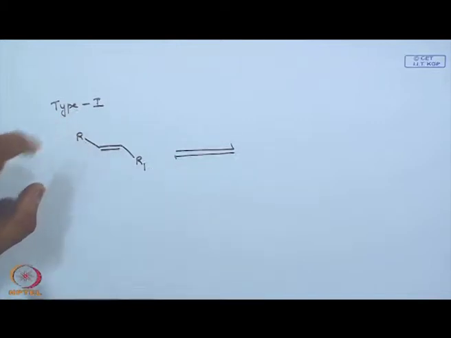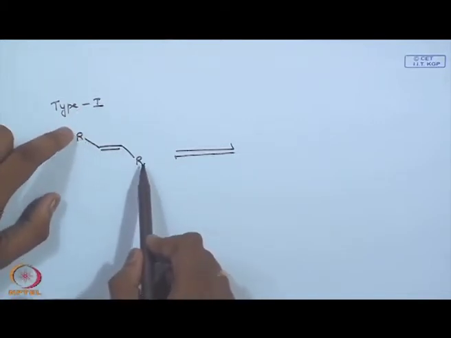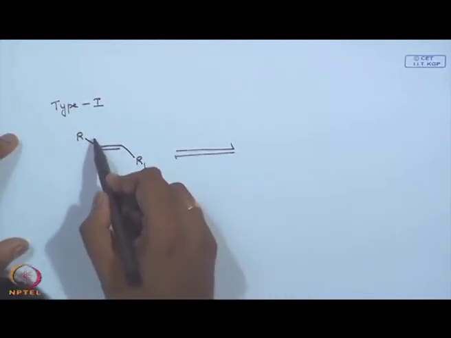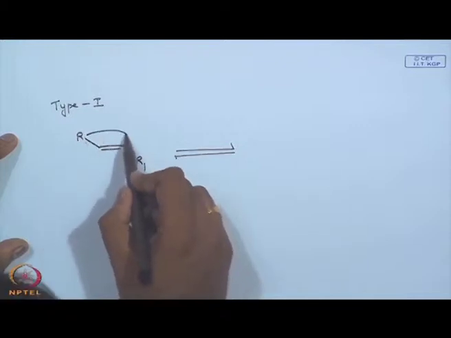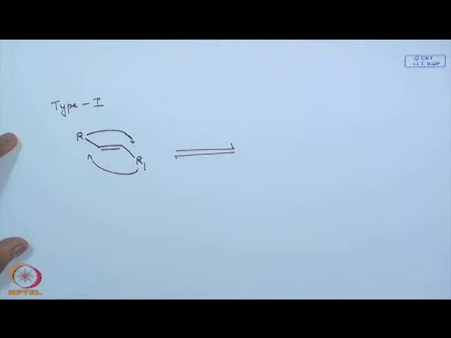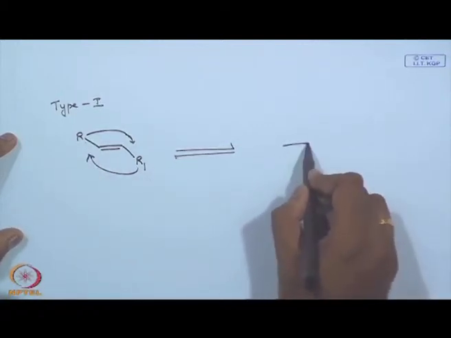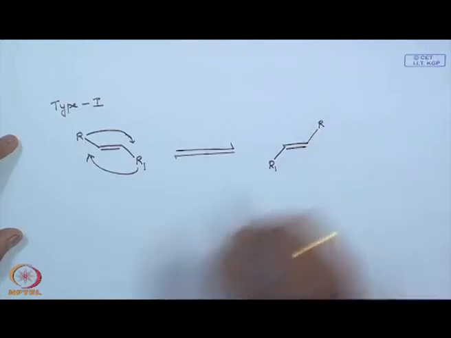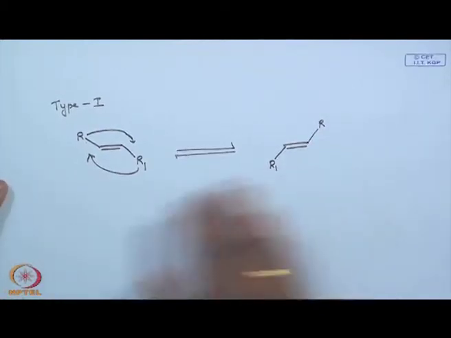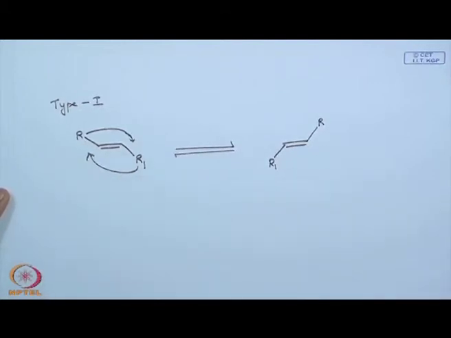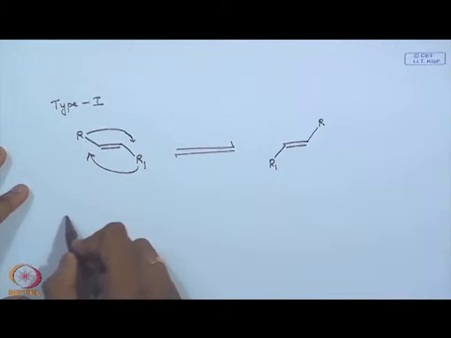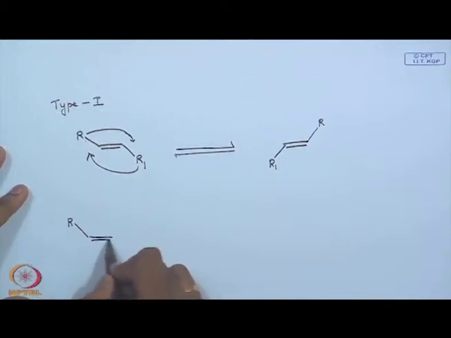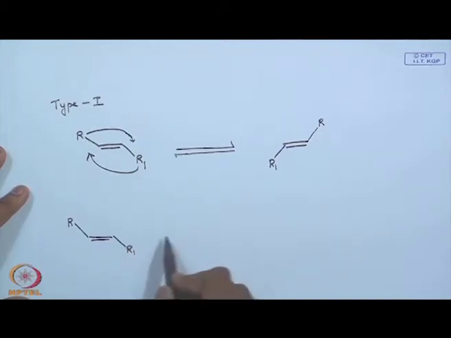The type 1 definition says the two migrating groups should interchange each other, so I get a product with R1 and R interchanged. How do we understand how this happens? Just think about the transition state.